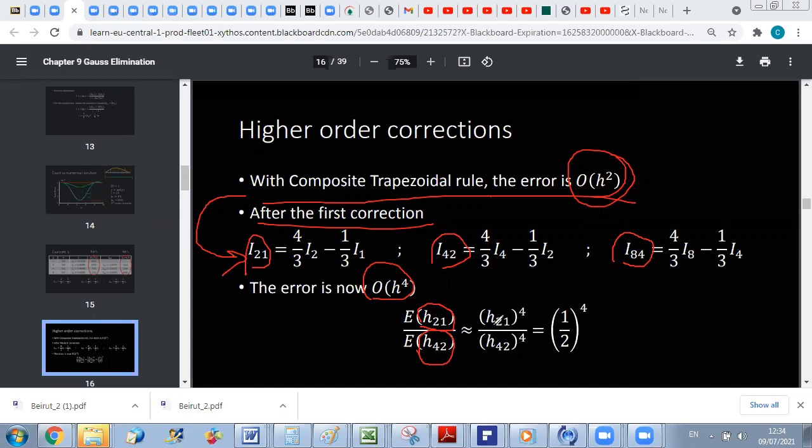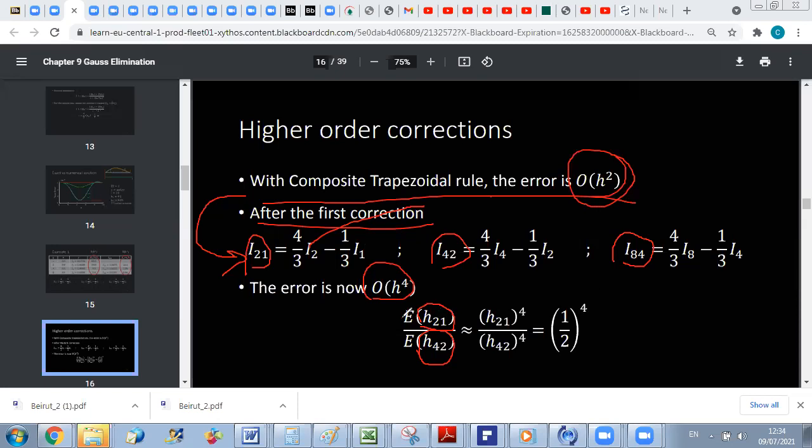And since by going from I1 to I2 you divided h by 2, and to go from I2 to I4 you divided h by 2, you can say that the virtual ratio of h21 over h42 is 1 over 2. Then you can consider that the error you obtained will be 1 over 2 to the power 4. So you were able to reduce your error by a high amount.